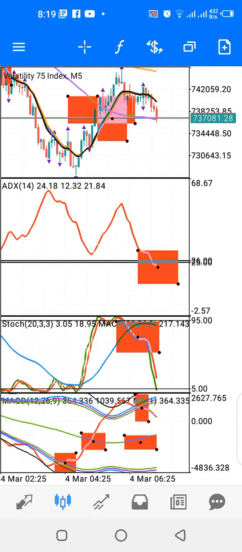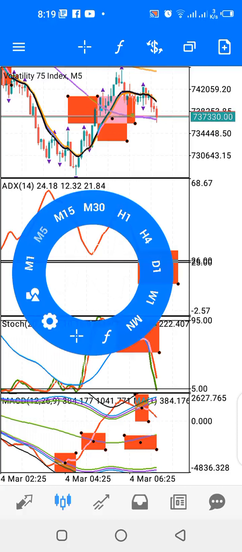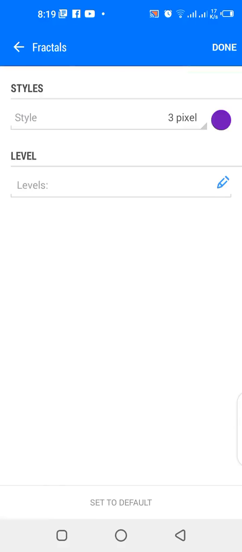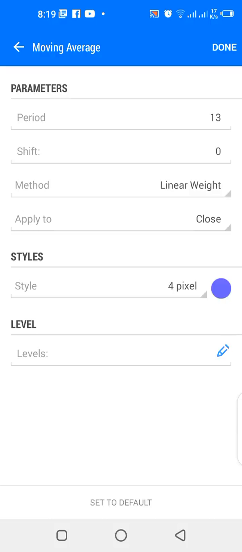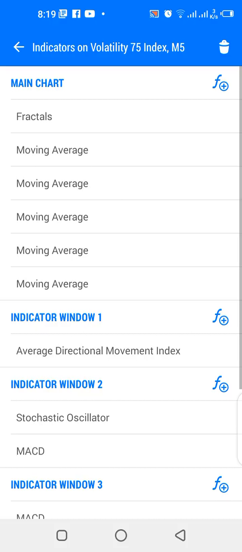All right. So let me go over the indicator settings one more time. For the indicator settings, we have fractals on the main chart. Then we have moving average, 13 period, linear weights, apply to close, purple.